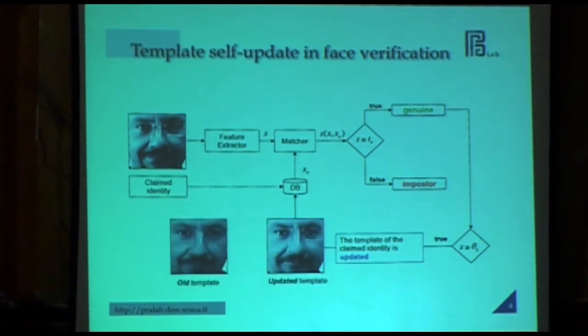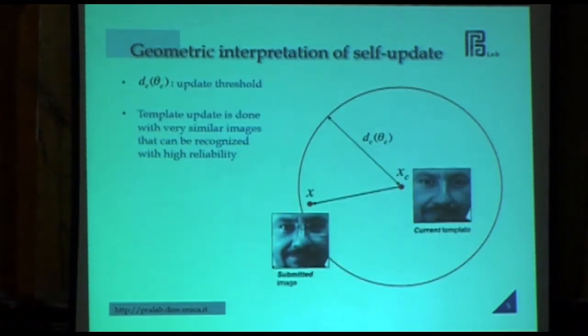You can also take a look at the operation of this mechanism in an abstract feature space, where your template can be represented as a single sample, a sort of centroid, and this is the current template. When you receive as input an image that is quite close to your current template, and so satisfies what I call the update similarity threshold, the image is for sure a genuine one.